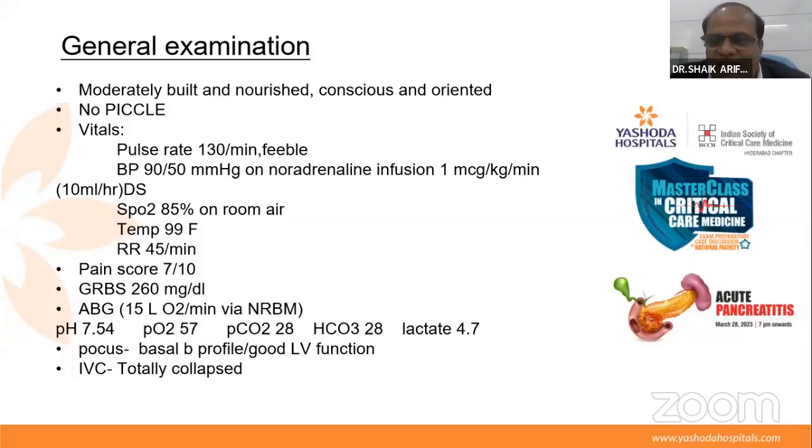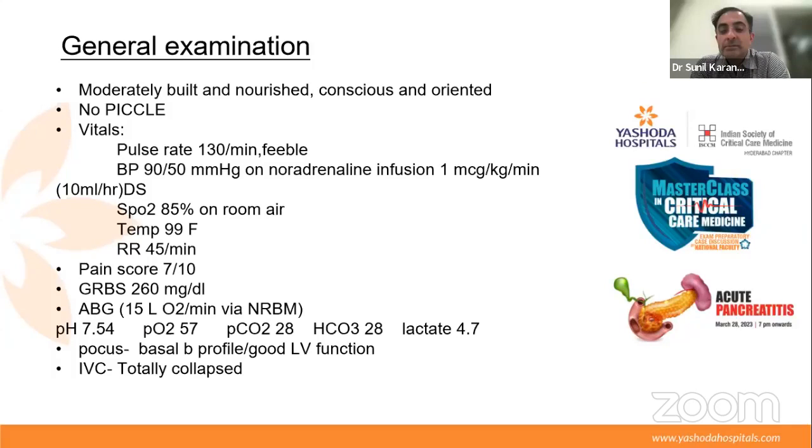The patient might be in ARDS. So the initial ventilatory strategy would be low tidal volume, maintaining a plateau pressure of less than 30 centimeters of water. PEEP, oxygenation-wise, we are not aiming at a very high PEEP, because the patient is already hemodynamically unstable.